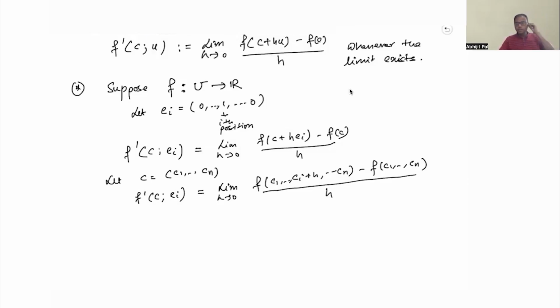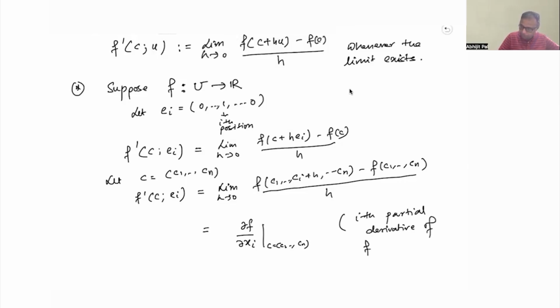This is the ith partial derivative of f, del f del x_i evaluated at the point C. It is the ith partial derivative of this real valued function.